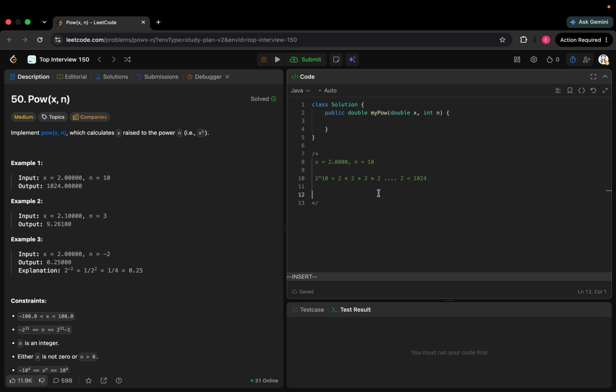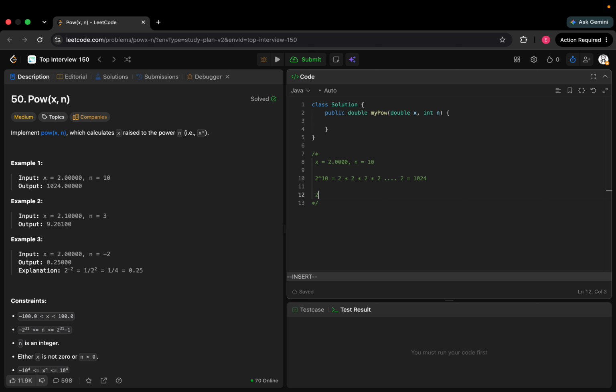And another thing is, for 2 to the power 0, the result here should actually be 1. So we need to check base conditions.